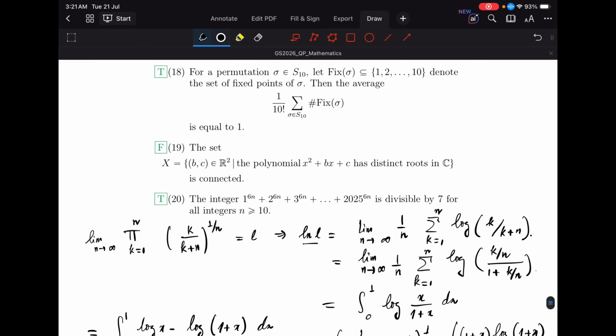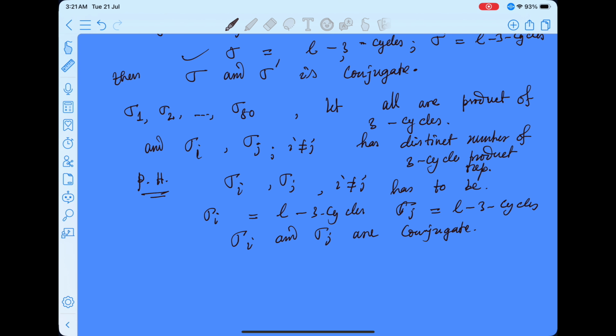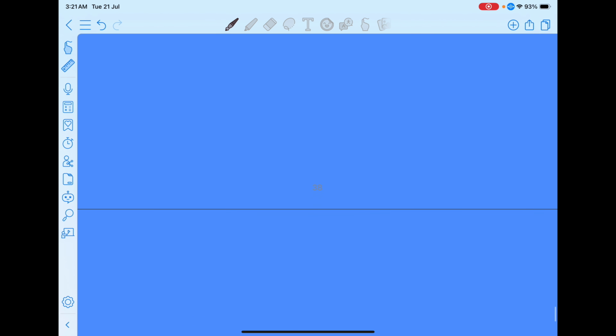Okay, so for a permutation sigma belonging to S_n, let fix denote the set of fixed points of this, then the average is equal. So let us do it here. We know Burnside's lemma, right? This lemma is very important. It is in any standard book of group theory.